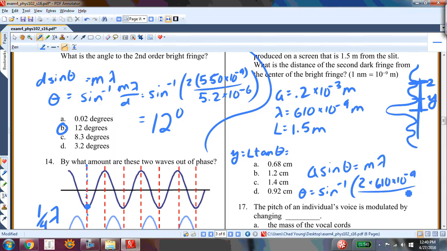Divided by a, which is 0.2 times 10 to the minus 3. If I do that, I get an angle of 0.35 degrees. And then this is going to be L tan theta, so L was 1.5 meters times the tan of 0.35 degrees.